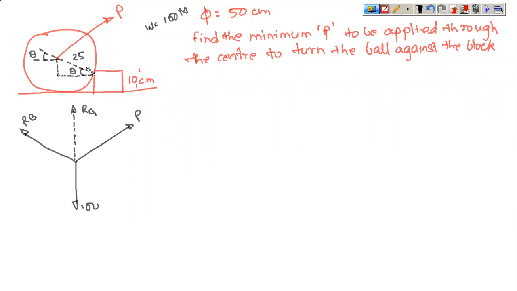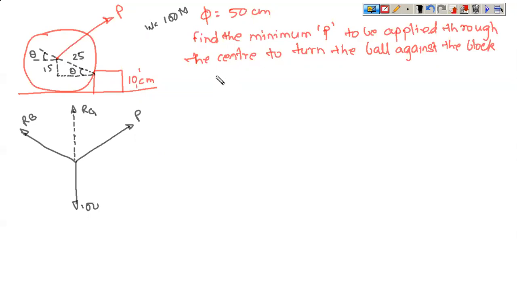If this is 25, let us complete this triangle. This height needs to be found out. What will be this height? This is 25, 10 has gone, so this is 15. Okay, so this is 15, this is 25, perpendicular by hypotenuse is sine theta.